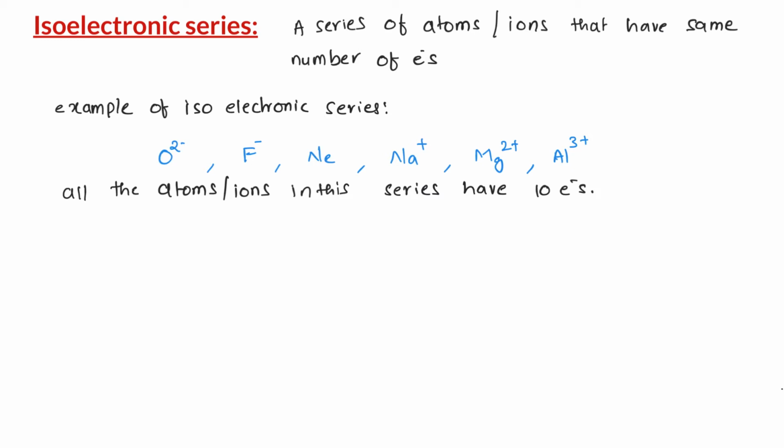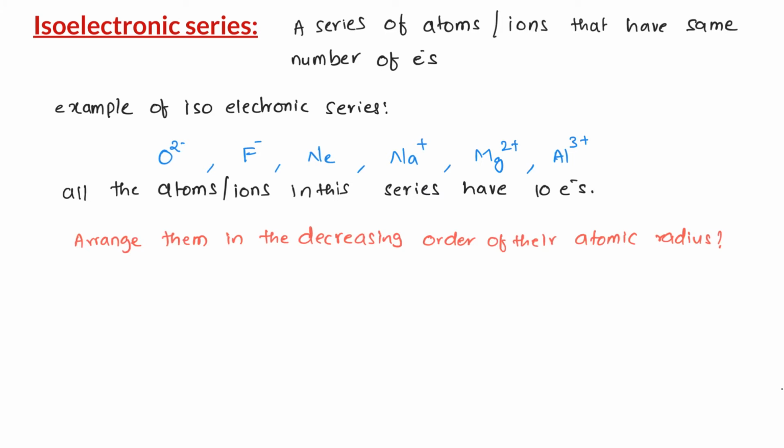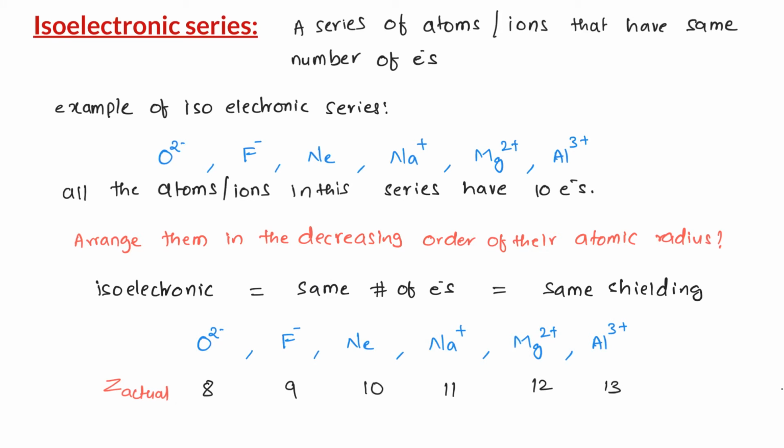Let's say we need to arrange them in the decreasing order of their atomic radius. As the name suggests, isoelectronic means same number of electrons, therefore same shielding. However, their actual nuclear charge increases from oxygen to aluminum.